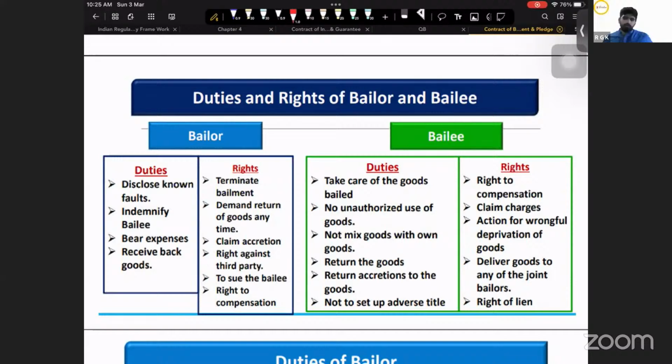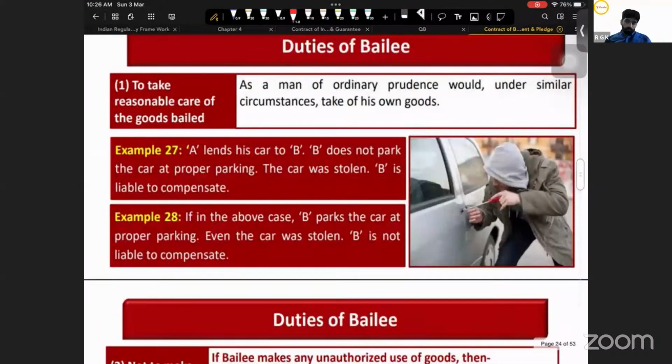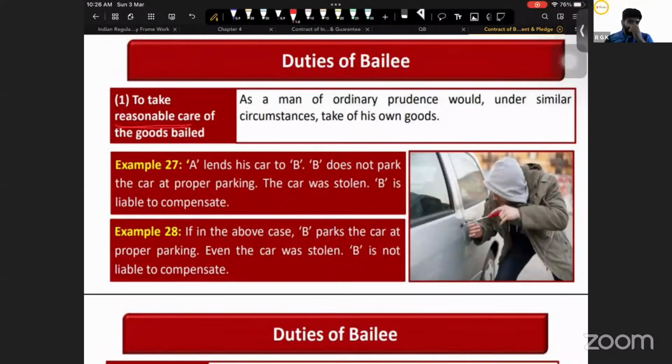Duties of bailee. First one is to take reasonable care of goods. The word used is reasonable care. When I say reasonable care, what does it mean? If it was your own goods, how careful you would have been on those goods?